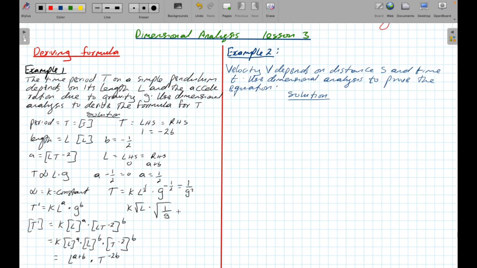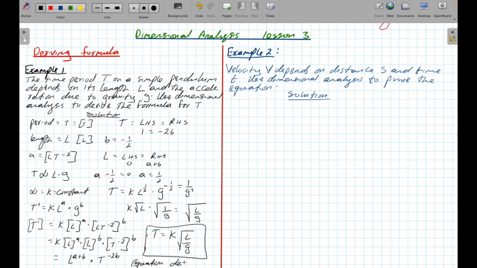Now since both terms have square roots, we can combine them, and square root of L times 1 over g will give me L over g. Therefore, t is equal to k square root of L over g. We've just derived the equation for the period t.